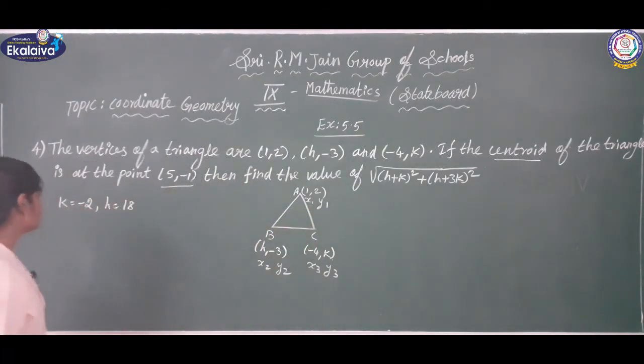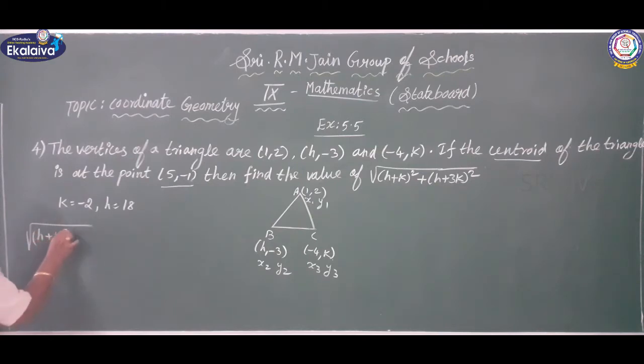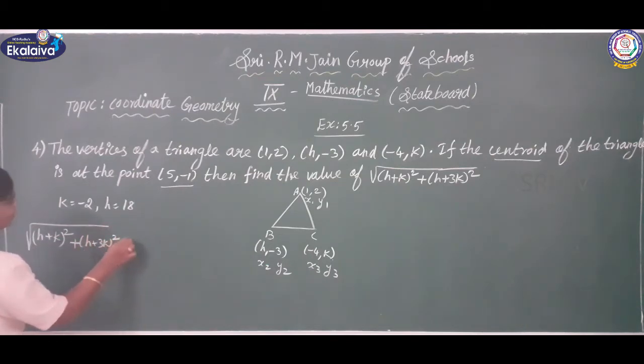So root of (h plus k) the whole square plus (h plus 3k) the whole square. This value we need to find out.